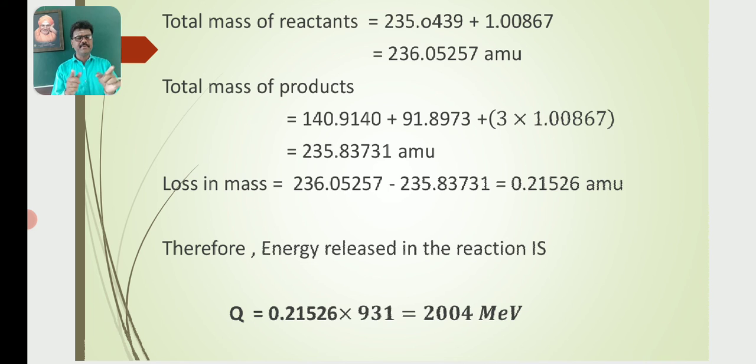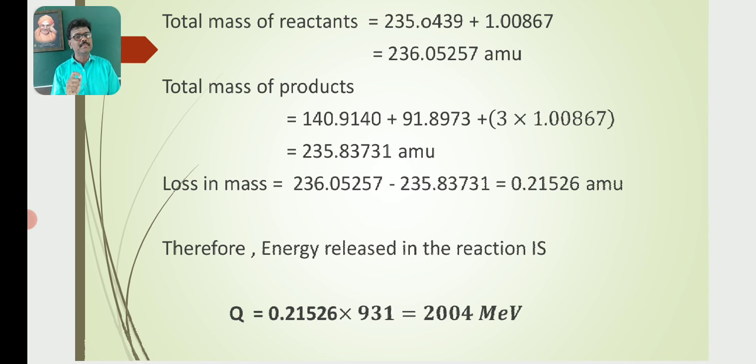After simplification we will get 235.83731 AMU. Here the total mass of reactants is 236.05257 AMU and the total mass of products is 235.8373 AMU.